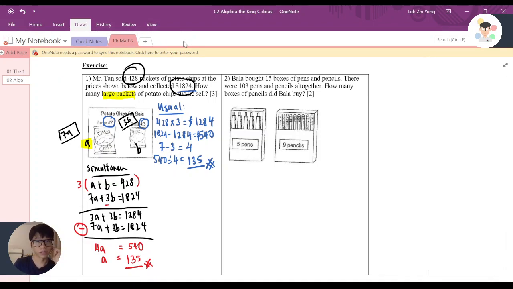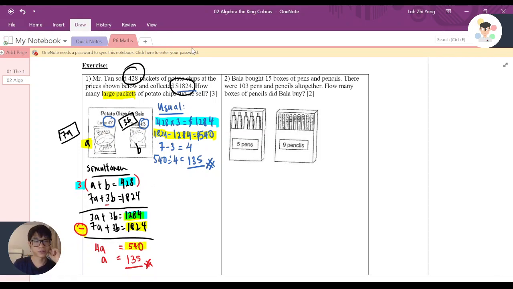If you notice, the very interesting part is that 428 times 3 becoming 1284 is exactly the same step we are doing here. Next, 1824 minus 1284 equal to 540 is exactly what we are doing here as well.